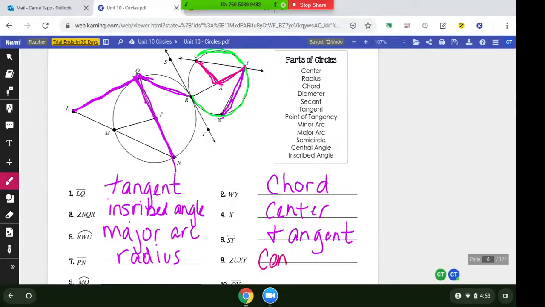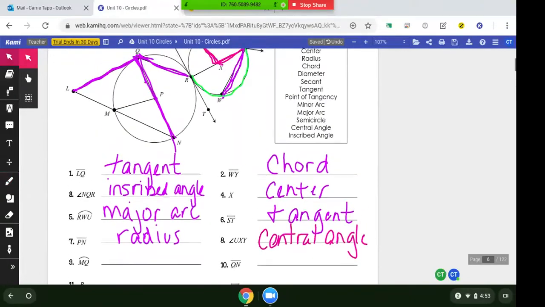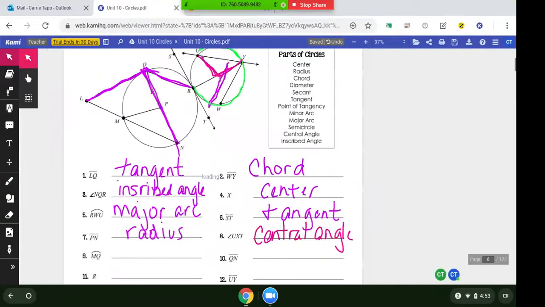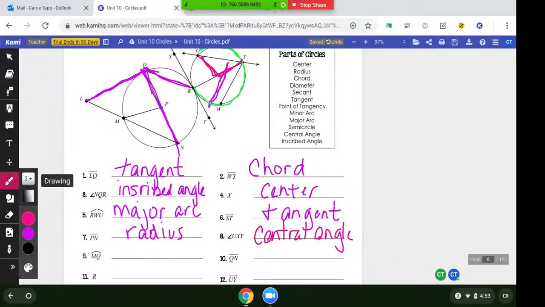So that's a central angle. Okay. Arc MQ. So you go from M to Q, that's this arc out here. It's a minor arc, it's smaller than 180. Segment QN is the diameter, it goes through the circle.